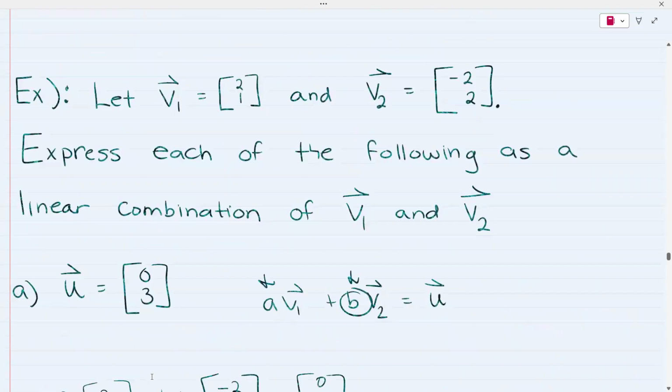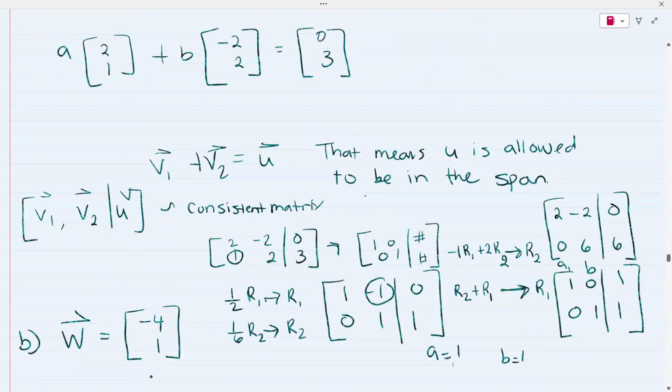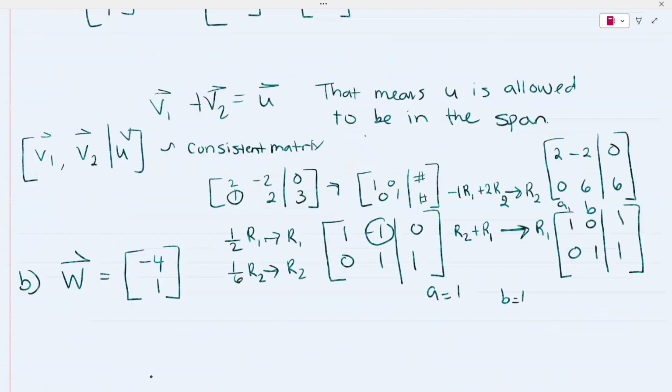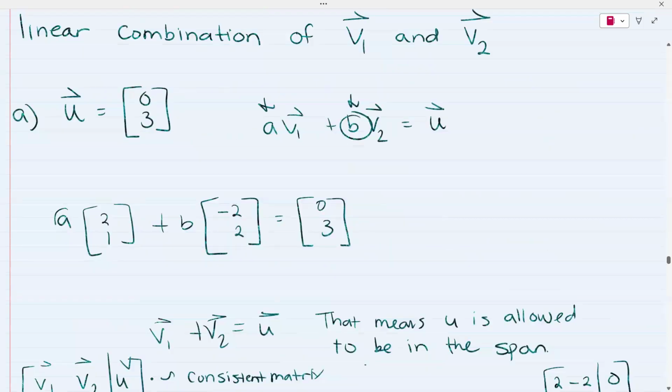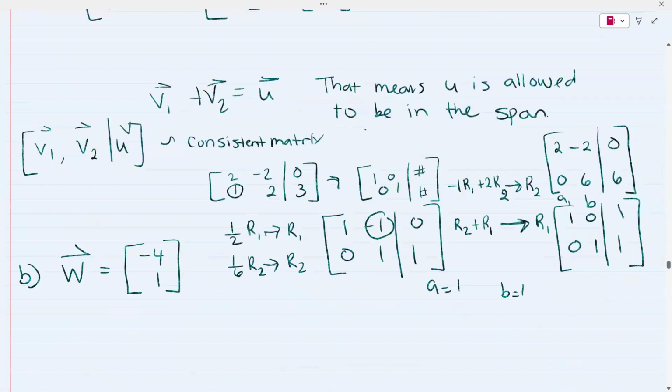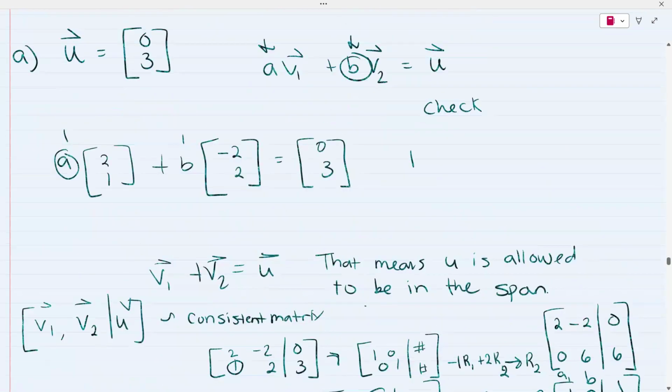So, express u as a linear combination. We found our A, which is 1, and our B is 1. Let's check if this is true. If our A is 1, we multiply by the vector 2 comma 1, and if our B is 1, we multiply by the vector negative 2 comma 2, and that should give you the vector 0 comma 3.